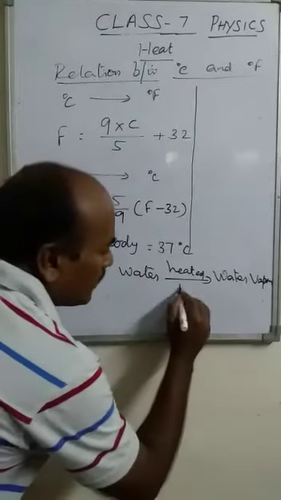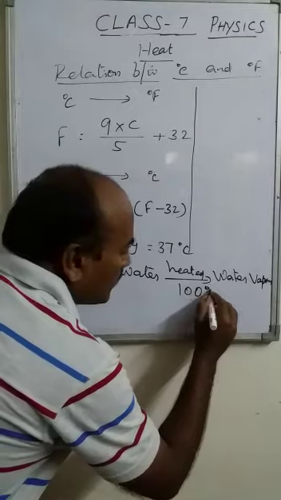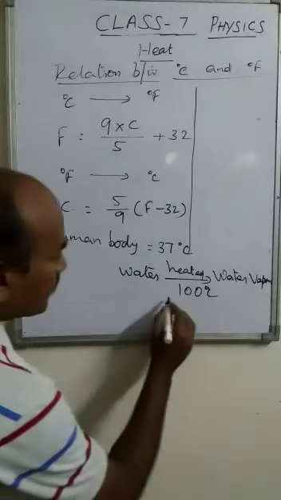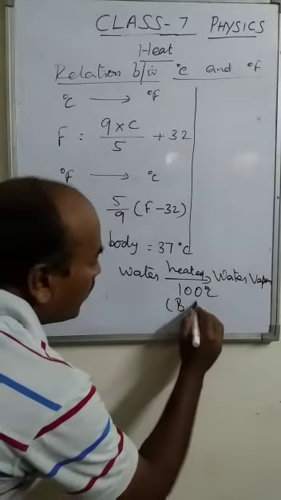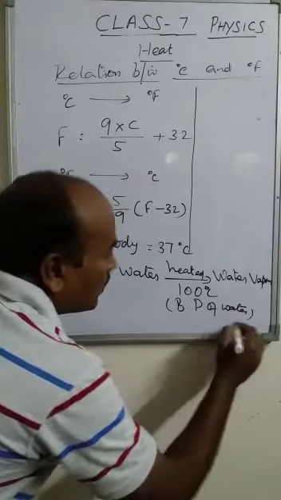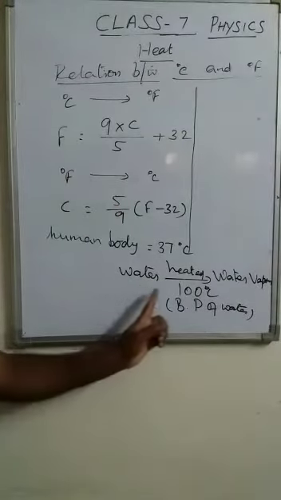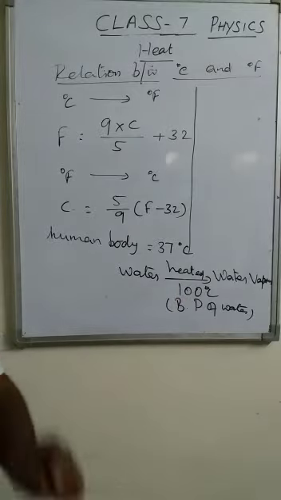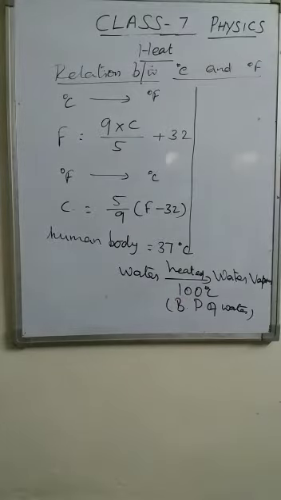That temperature is 100 degrees Celsius. This is the boiling point of water, so the boiling point of water is 100 degrees Celsius in the normal condition.